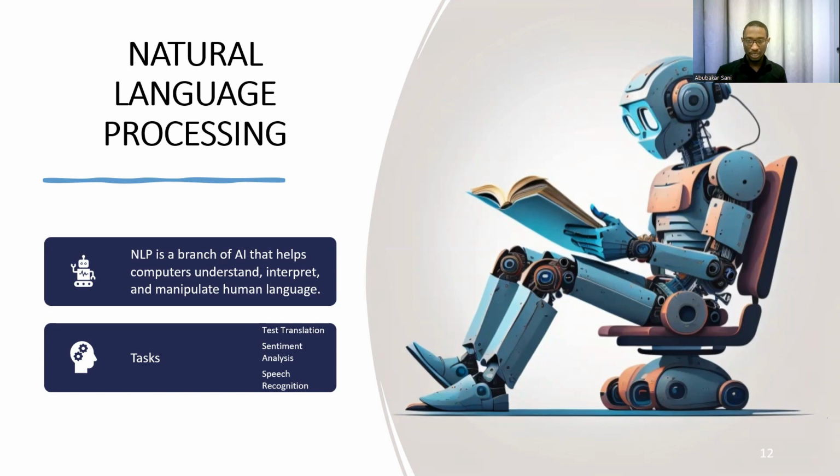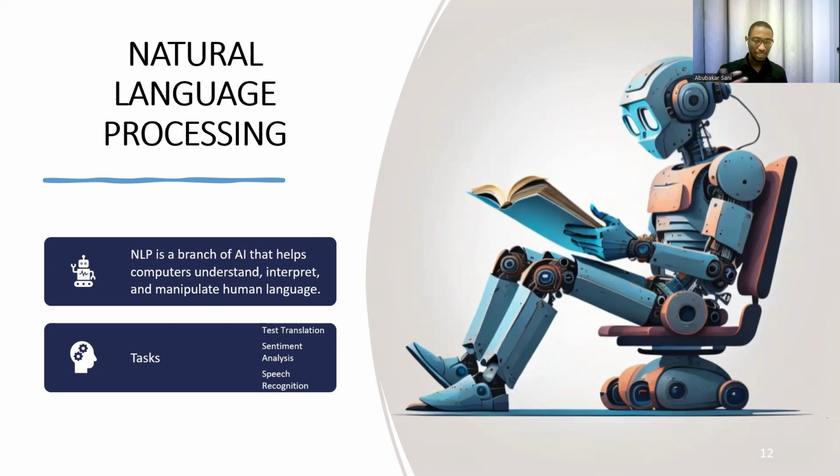It is that type of AI that helps computers understand, interpret, and manipulate human language. So you provide maybe a text, a document, and you expect the computer to not only read, but to understand what it reads. So that's natural language processing.